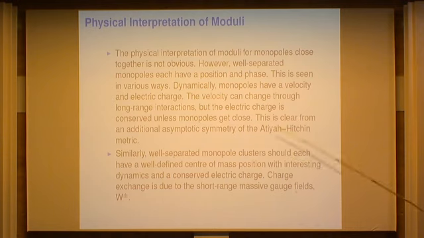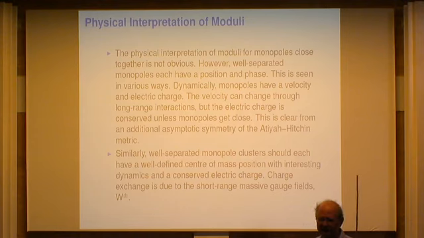So when monopoles are close together, it's not so obvious what the moduli are. So remember from vortices, the moduli were the locations of the vortices, these points Z_k. But for monopoles, there's no such precise characterization of what the moduli are physically. They're roughly the monopole positions, but it's not well defined.